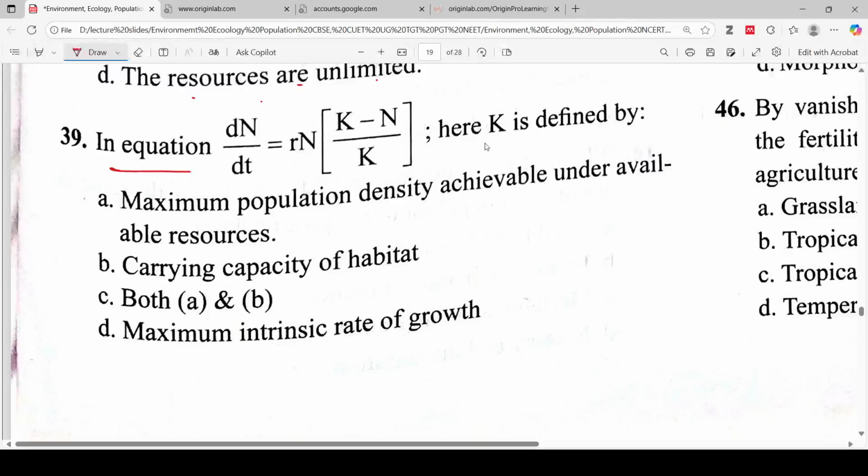This equation is a logistic growth. So, maximum population density achievable under available resources, carrying capacity of habitat, both A and B, maximum intrinsic rate of growth.